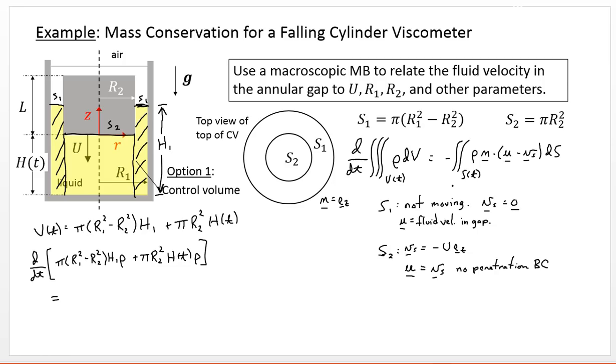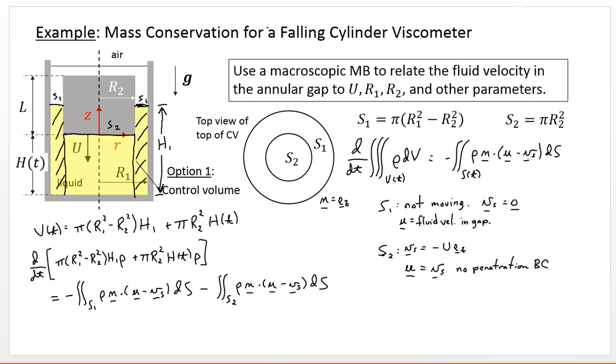And then now this is equal to the integral of rho n dot u minus vs over the surface area S. And we'll break this up into two different integrals. So we get minus the integral over surface area S1, the angular gap, of rho n dot u minus vs ds. And then we add in the other contribution over the surface area S2 of rho n dot u minus vs ds.